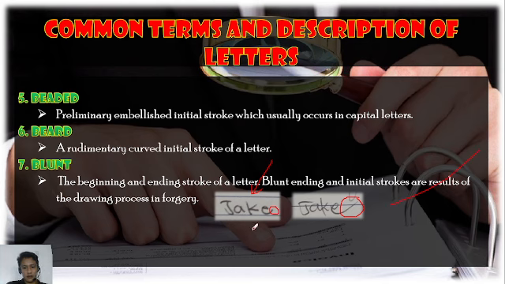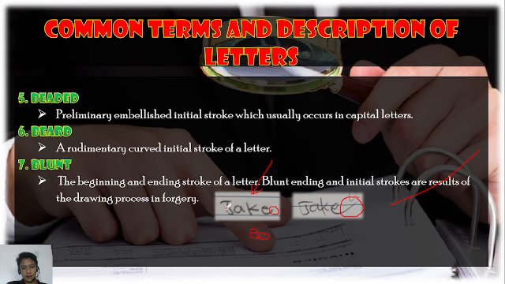Unlike dito, it is a sign of forgery dahil kinukopya na yung sulat kaya mabagal siya. Kaya po nagkakaroon ng blunt ending. So, it is observable also in slow handwriting. Yun po yung tinatawag natin na blunt.